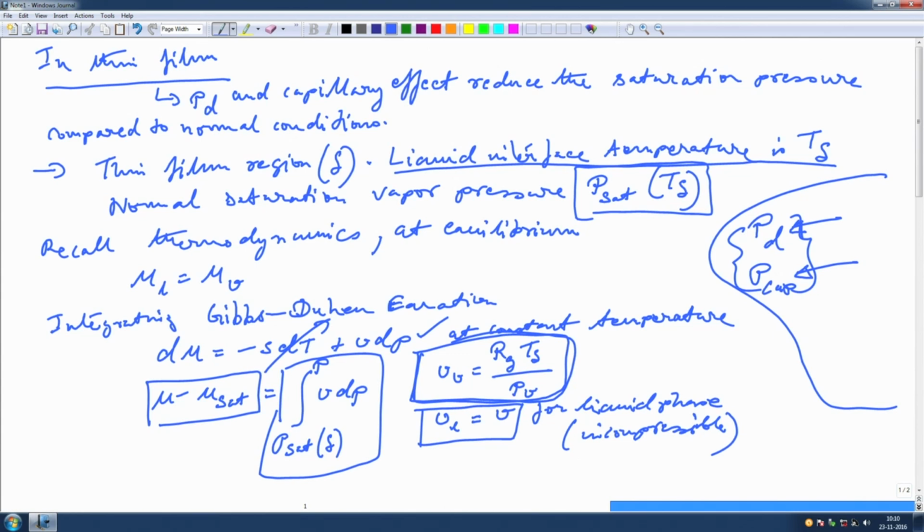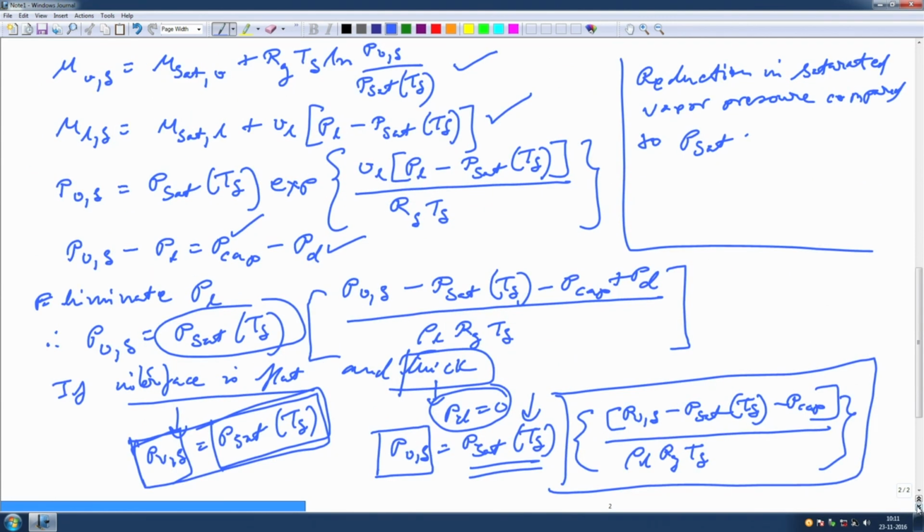We have said it arises out of the dispersive as well as the electrostatic forces, right. But that is not needed, because this is not a full-fledged statistical mechanics class. What we have done here is to provide an overview of how to attack a problem like this, where you can have an effect of the disjoining pressure.